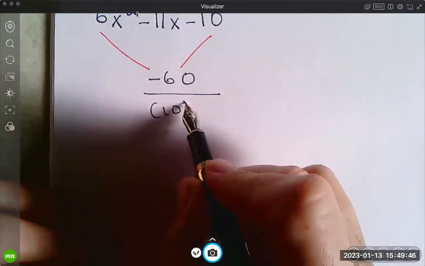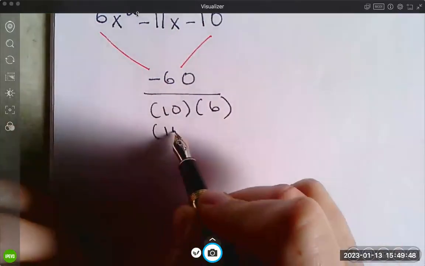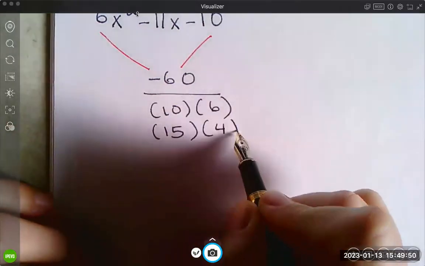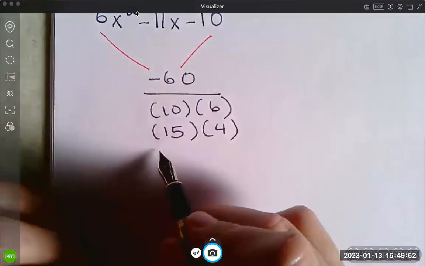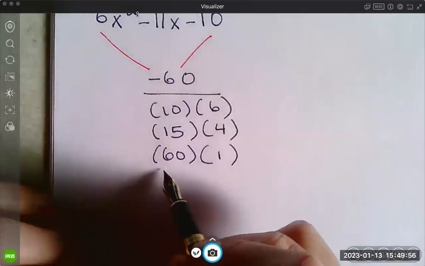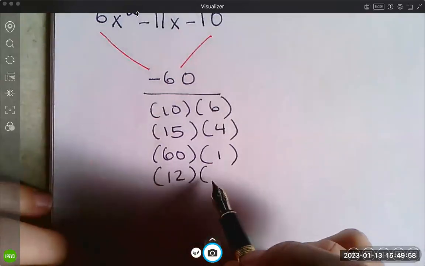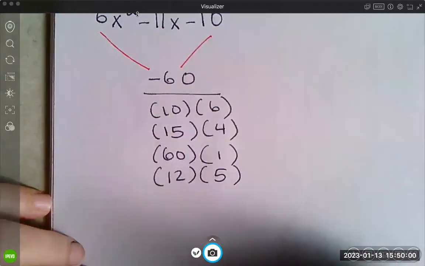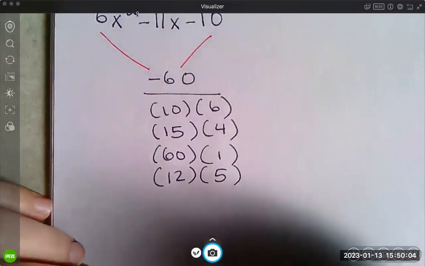So 10 times 6, 15 times 4, 60 times 1, 12 times 5. Those are all the factor pairs of 60.